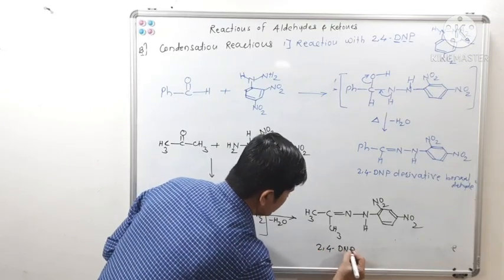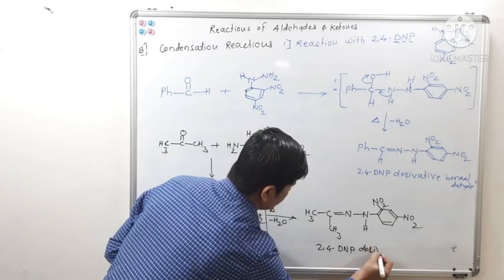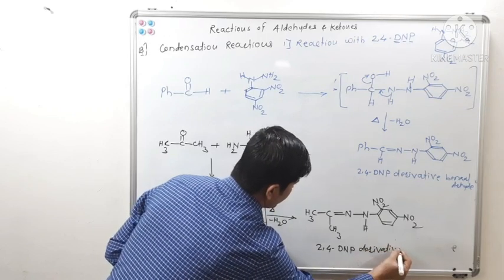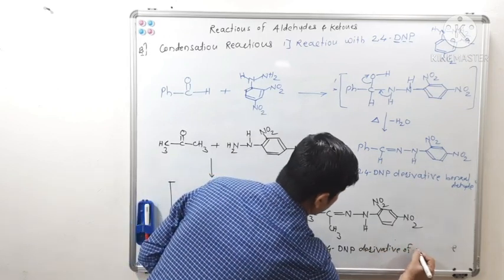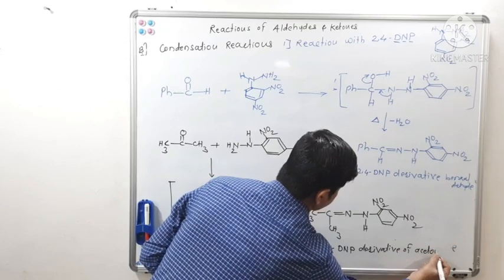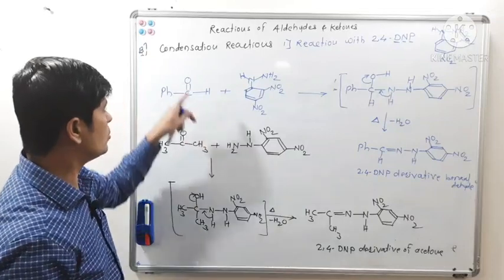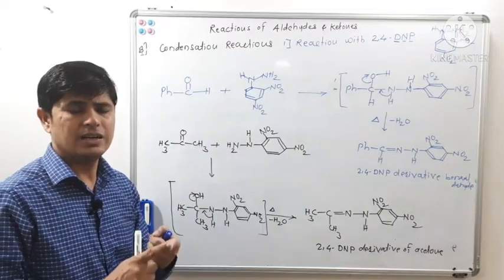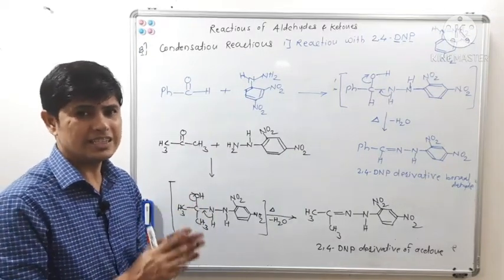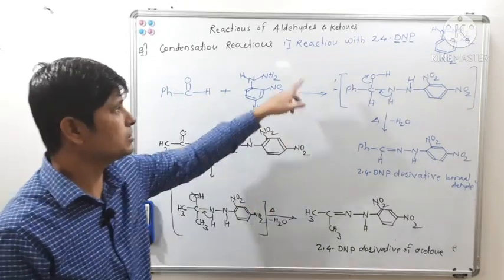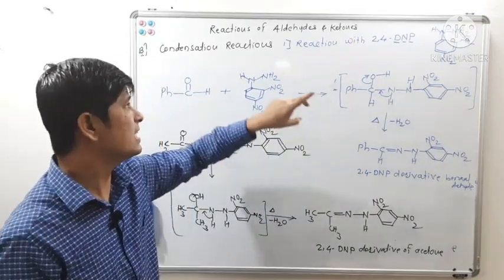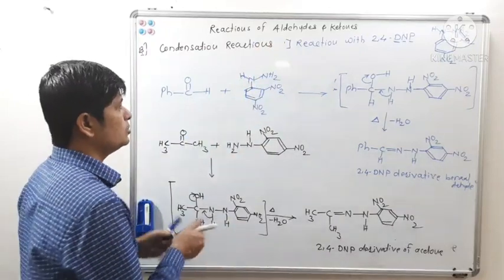This is the 2,4-DNP derivative of acetone. This is what you will get, isn't it? So this is the condensation reaction. There are two reactions in the condensation category. First, the reaction with phenylhydrazine, and second, the reaction with 2,4-DNP.